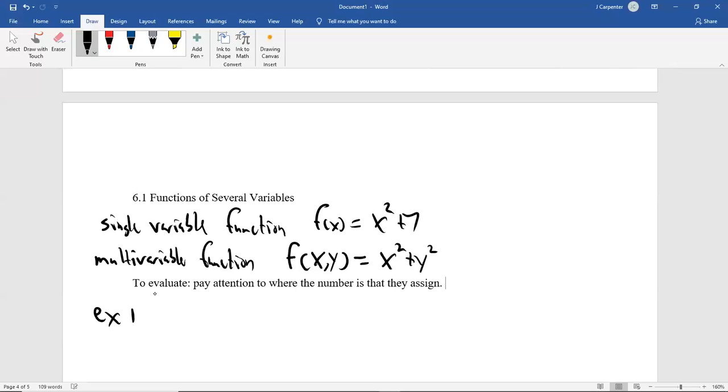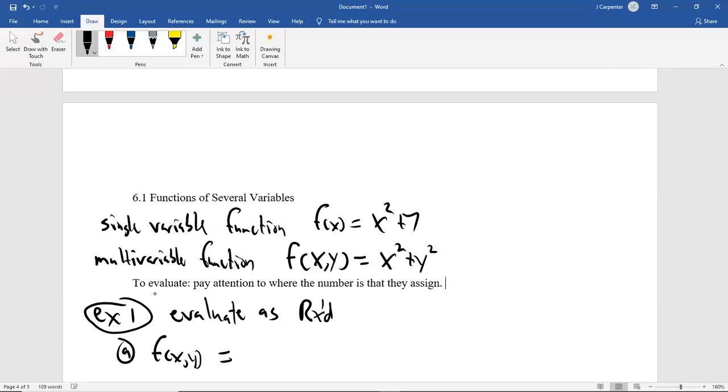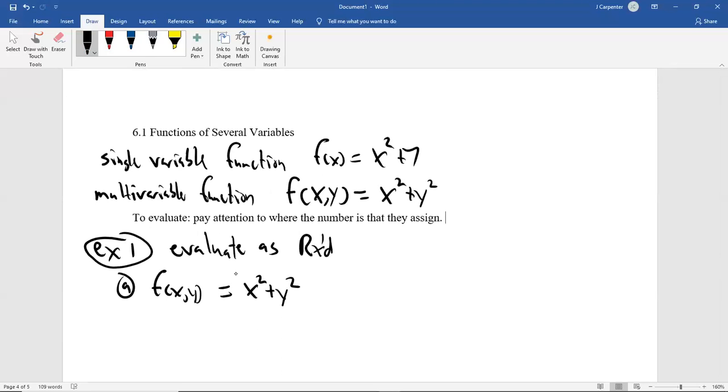Example 1. Evaluate as prescribed. For A, we got f of x comma y, and let's go with the one we saw above, x squared plus y squared. And let's find f of 1 comma 9.